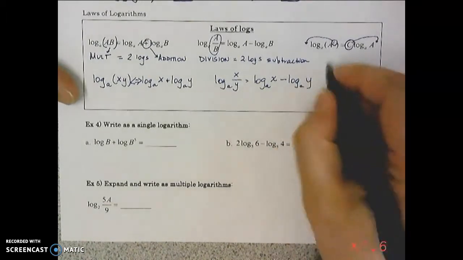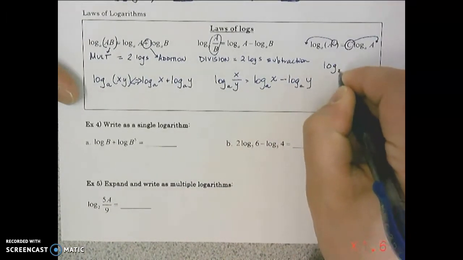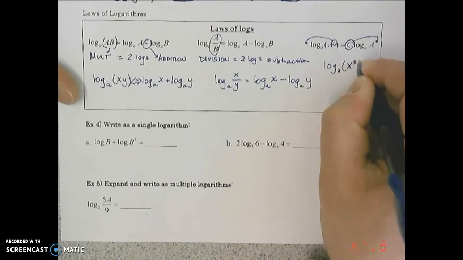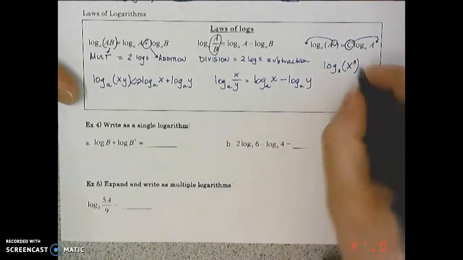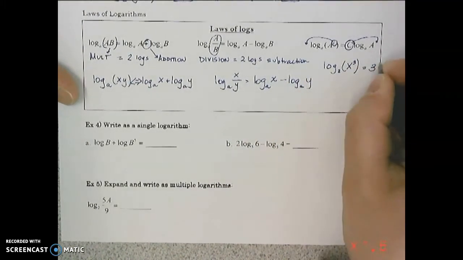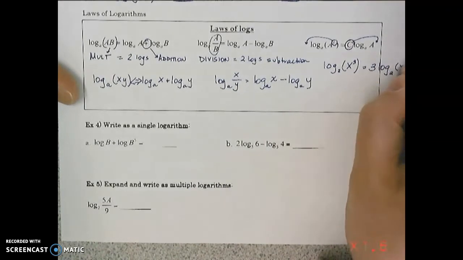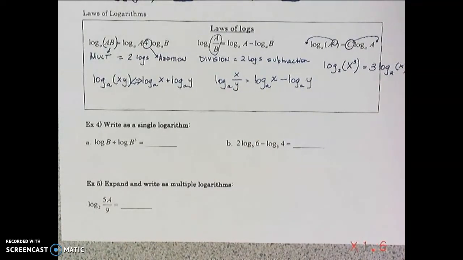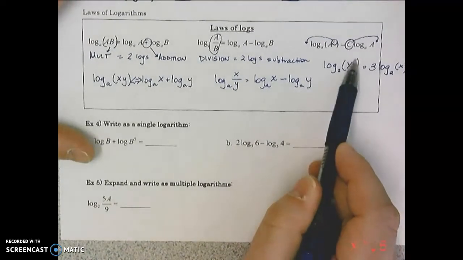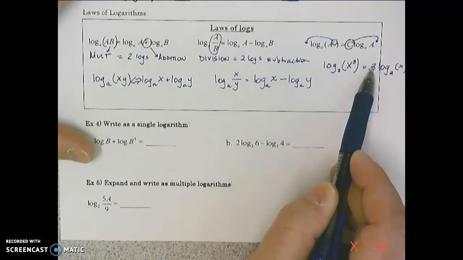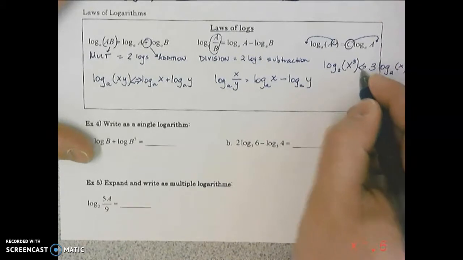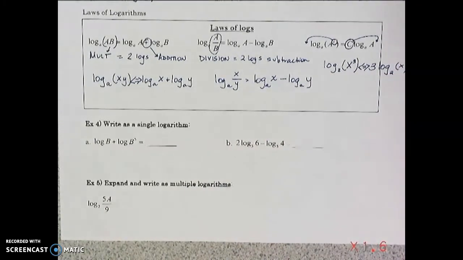So what that means is log base 2 of x to the third just happens to be the same as 3 times log base 2 of x. Okay. See how we can drop this exponent into a constant, or we'll put another double arrow there. We could go in the other way as well.